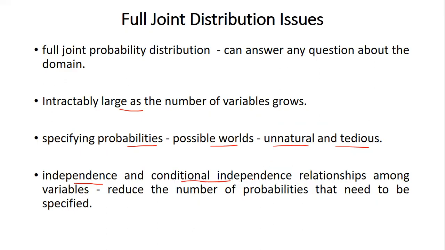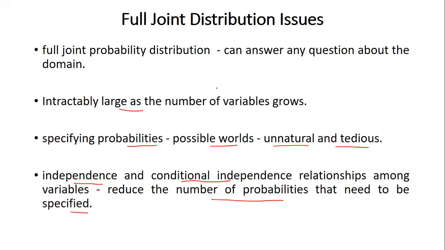Otherwise, we need not identify conditional probability. But in full joint distribution, we blindly identify conditional probability connecting every variable with every other variable without checking whether they are really dependent or not. When you really know which variables are dependent and which are independent, that itself will reduce the number of probabilities that need to be specified or calculated.